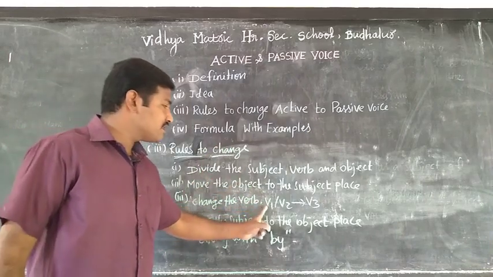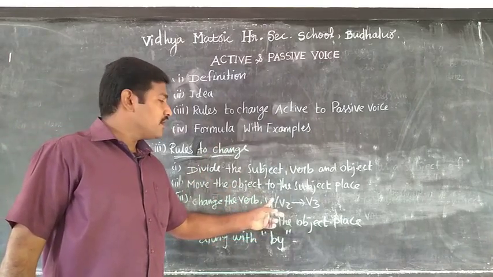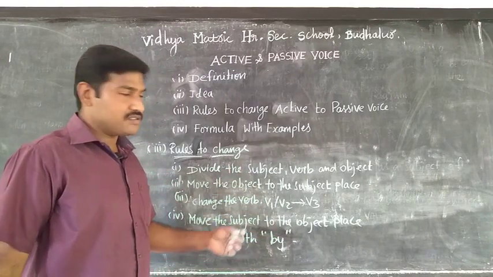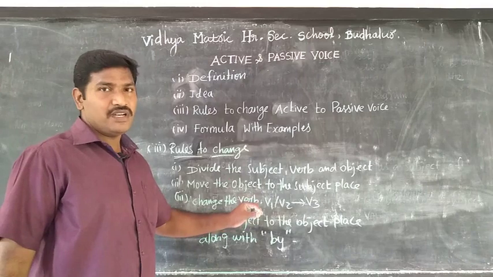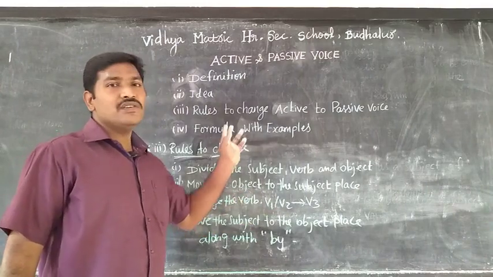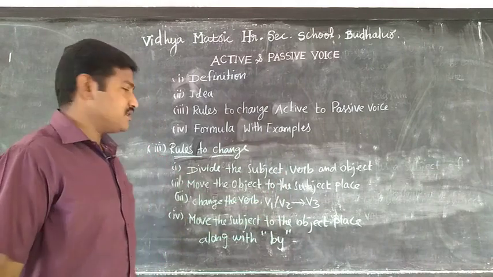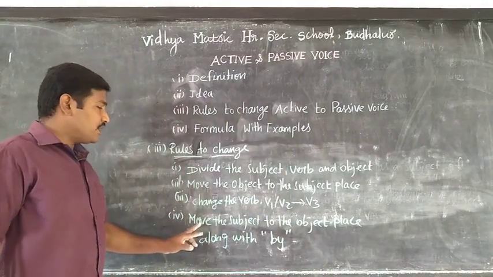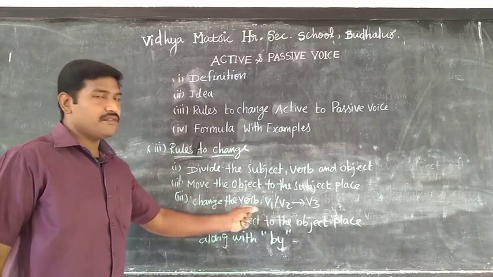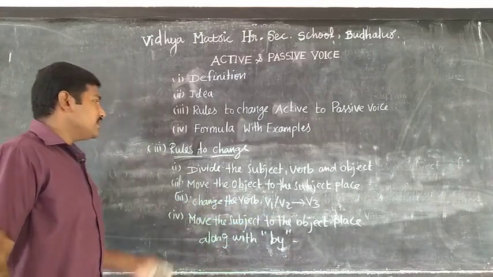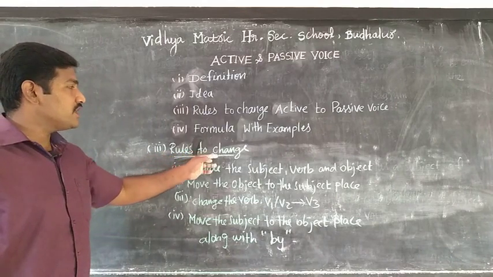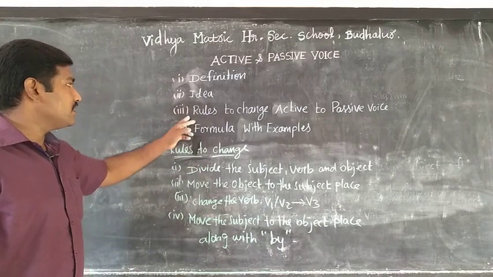Here V1 is the present verb, V2 is the past verb, V3 is the past participle, V4 is the present participle. It might be V1 or V2 or V4, it changes into V3 in passive voice. The fourth one, move the subject to the object place along with the word by. These are the 4 steps we should follow as the rules to change.